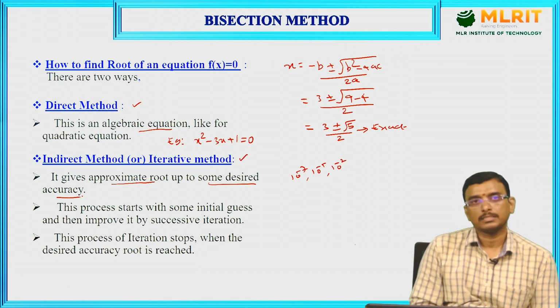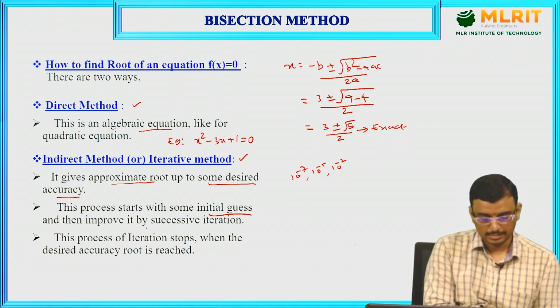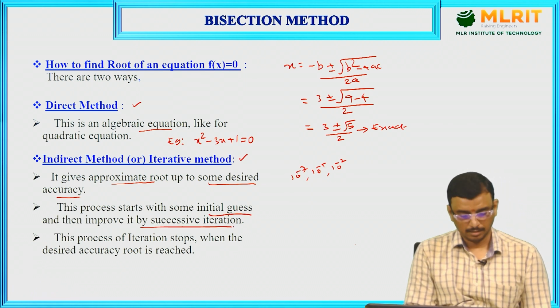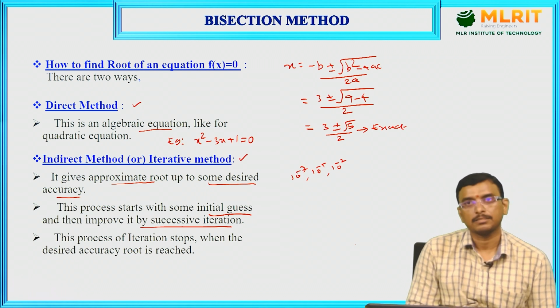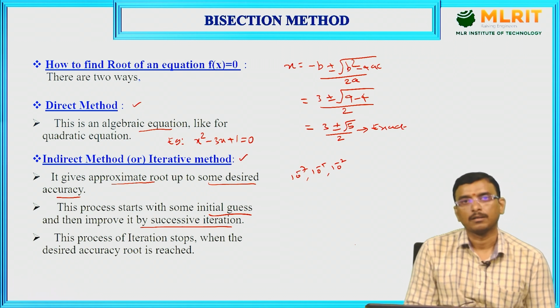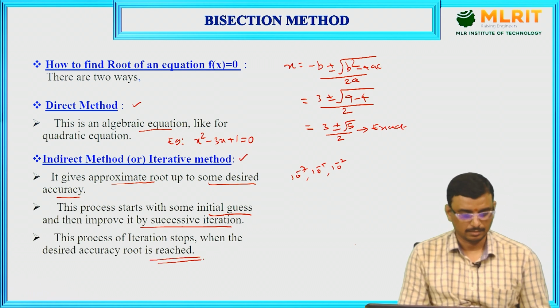This process starts with some initial guess and improves it by successive iteration. The process of iteration stops when the desired accuracy is reached.